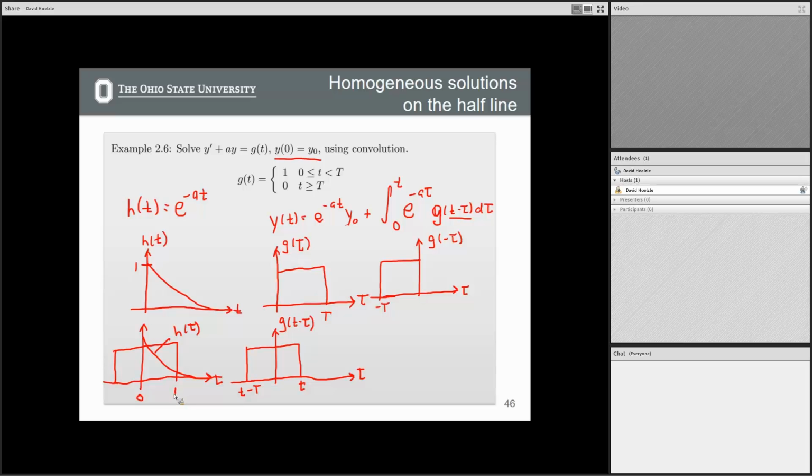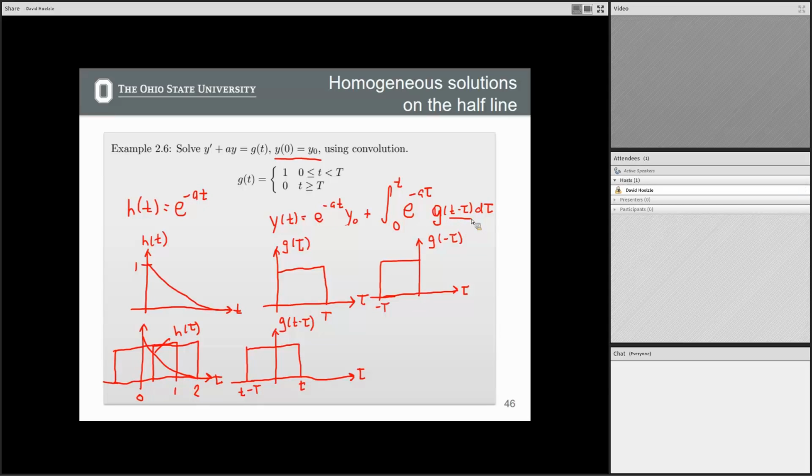If I want to know what y is at 2 seconds, then I'm integrating, for instance, the multiplication of these two functions, where this leading edge is 2. And then this trailing edge may be no longer 0 anymore in terms of that factor. So you can think of this integration as actually sliding this forcing function along the domain of tau.